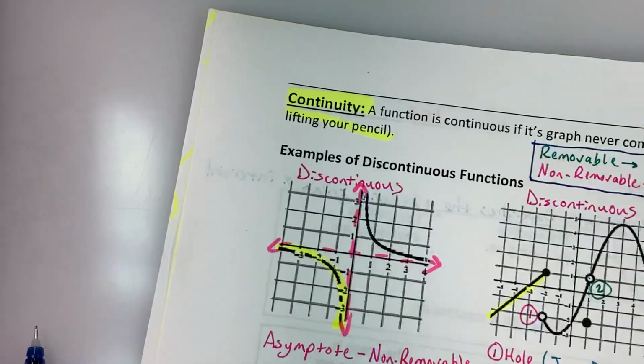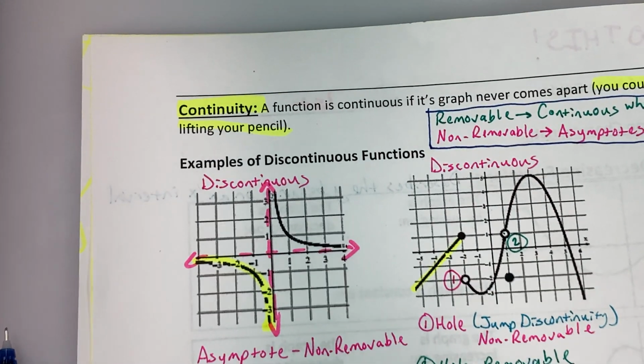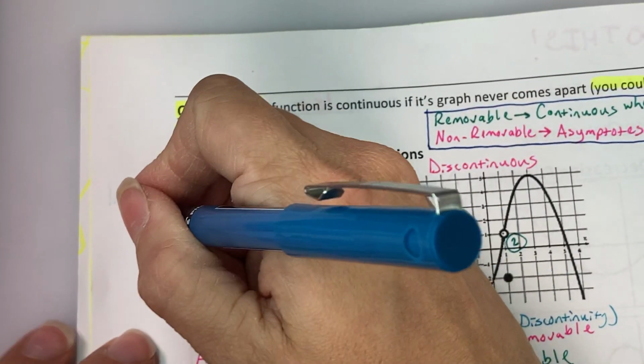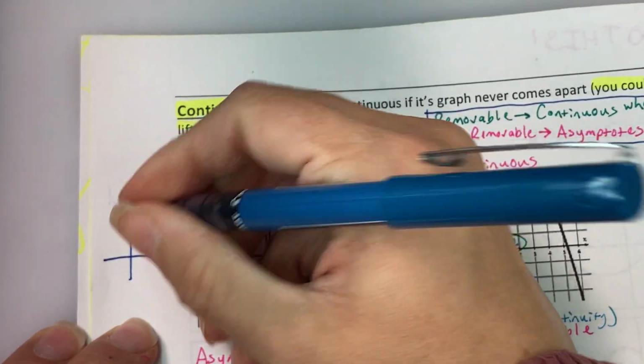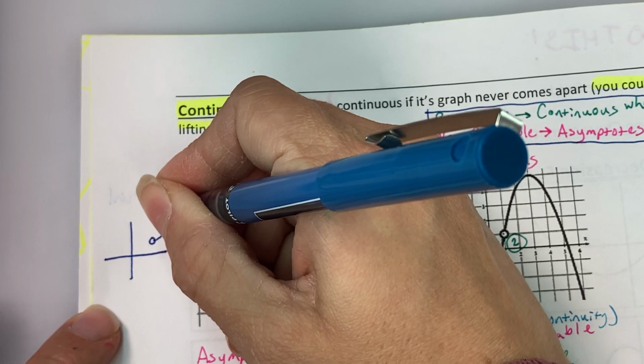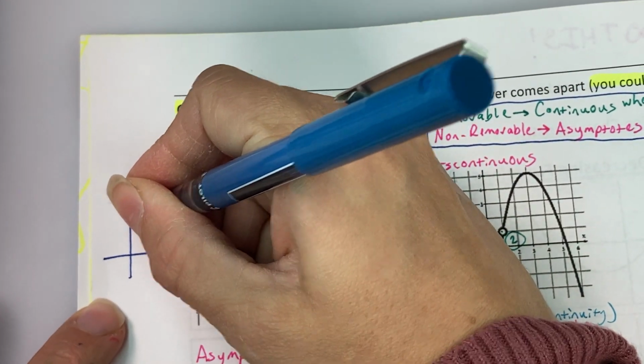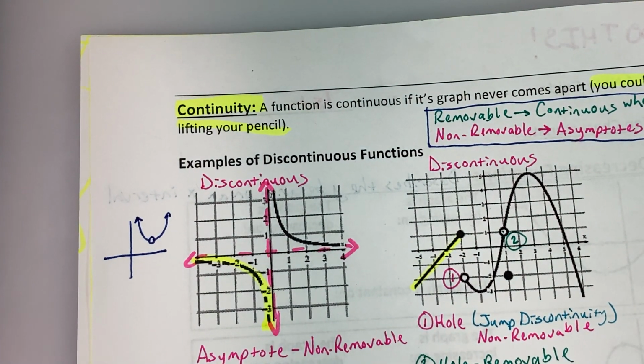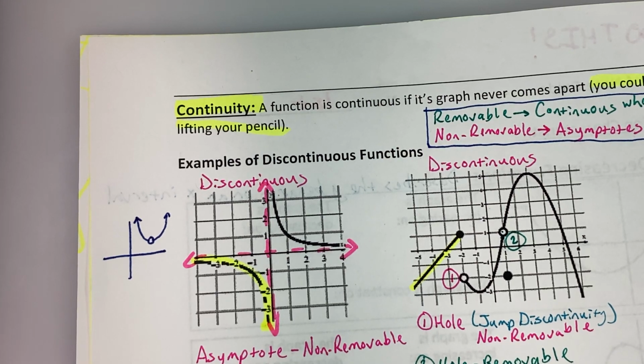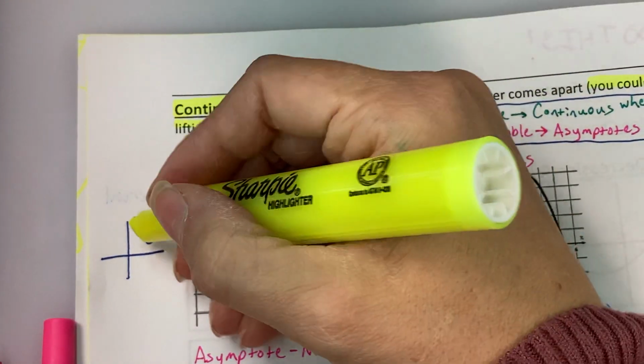no discontinuities. So folks, let's go ahead and just do one more example with this. Let's say I have a quadratic whose vertex is an open dot, which is a special type of function we'll encounter later. So first, is this continuous or discontinuous?